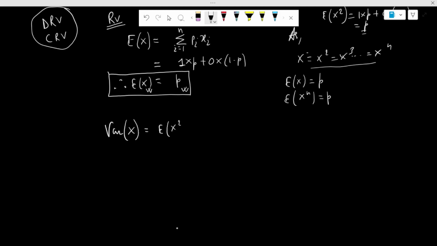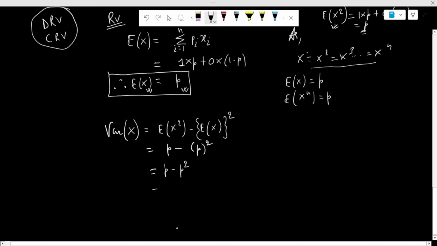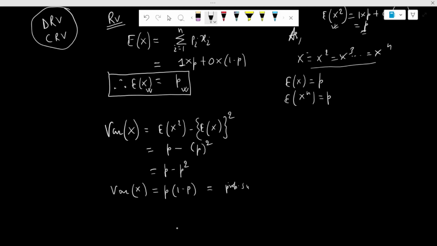This is equal to the expectation of x squared, which we have just seen is also equal to p, minus the expectation of x, which is also equal to p, squared. So this is equal to p minus p squared, and if we take p as common, we are left with p into 1 minus p. This is the variance of the Bernoulli random variable x.